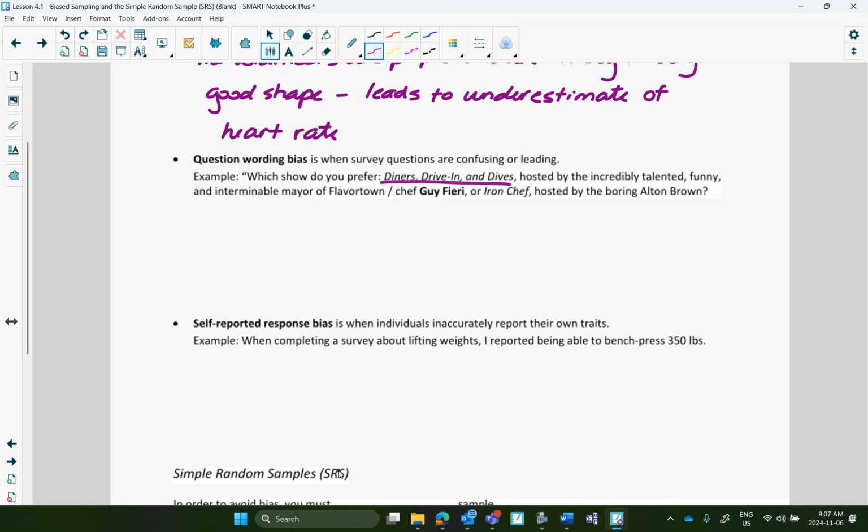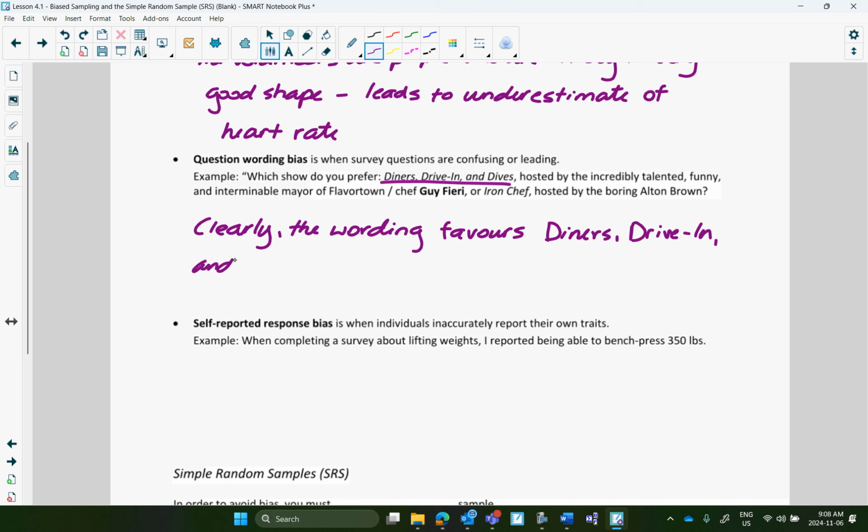So clearly, the wording favors Diners, Drive-Ins, and Dives. That leads to an overestimate of the preference for it.